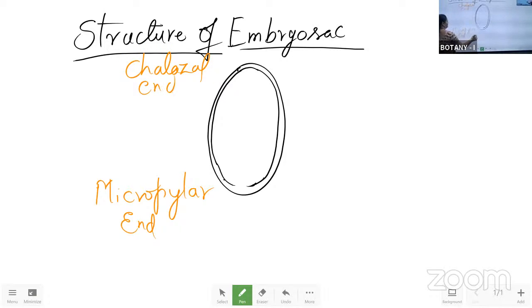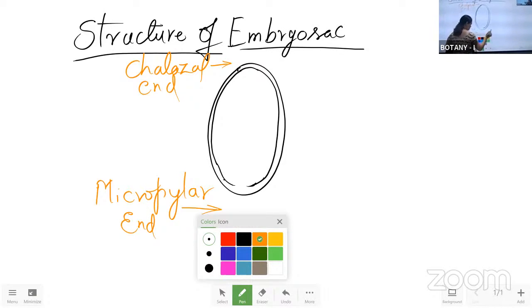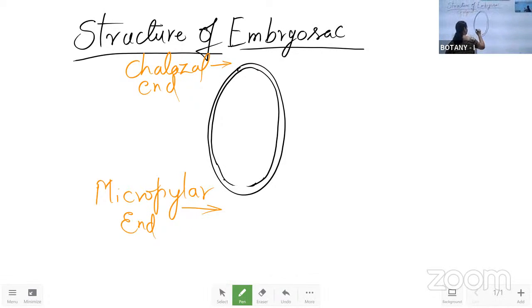If we know this, then we can go very easily in labeling as well as in describing the embryo sac structure itself. So here we have to draw the cells that are present in the embryo sac at the chalazal end and at the micropylar end.